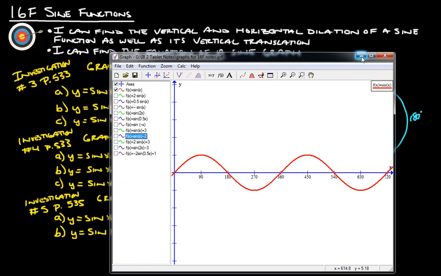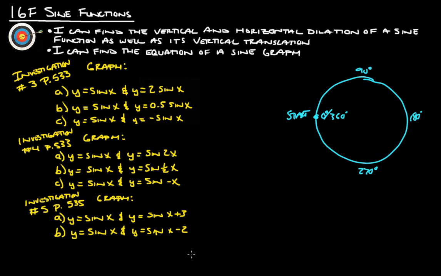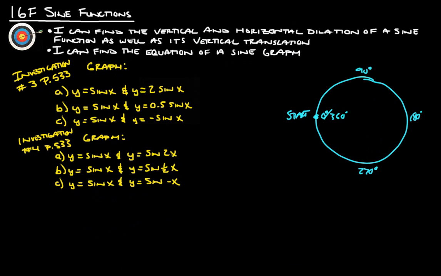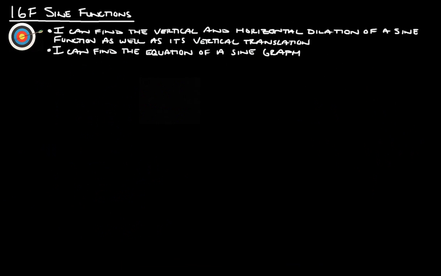All right, so let's look at one more thing here, and that is the general form y equals a sine of bx plus c. This c here, we just figured out, is the vertical translation.